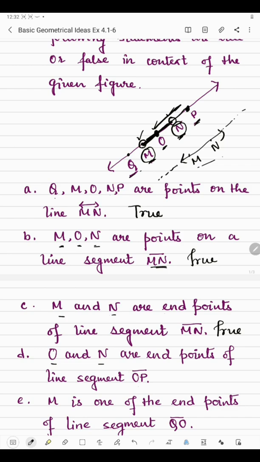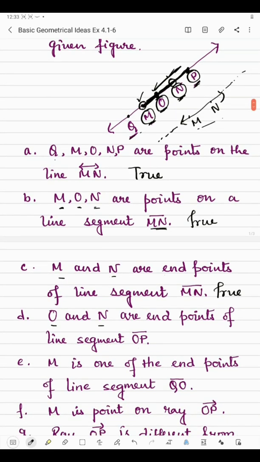So here the question is O and N are endpoints of line segment OP. So it is wrong because in line segment OP, O is the starting point and P is the ending point, means O and P are the two endpoints. So N cannot be the endpoint of this line segment, right? So this statement is false. So we'll write false. Okay.